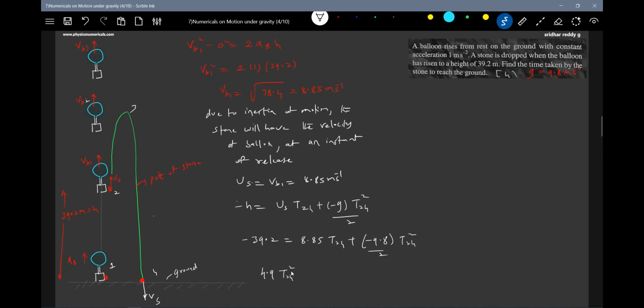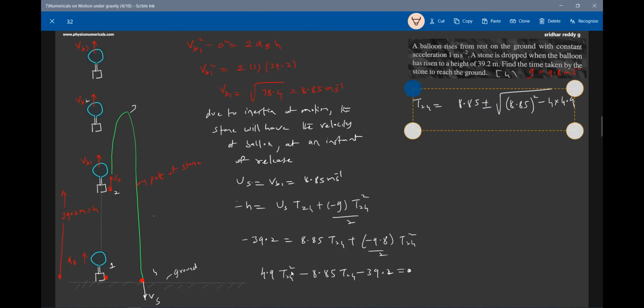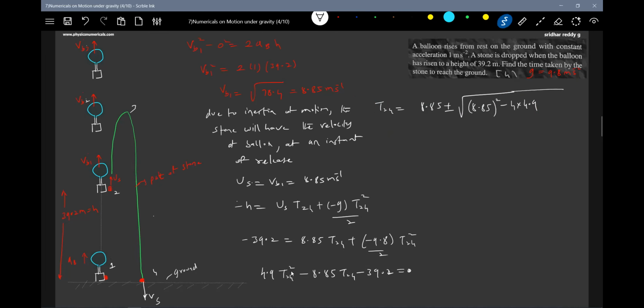So 4.9 T24 squared minus 8.85 T24 minus 39.2 equals 0. This is a quadratic equation, and we are solving it.